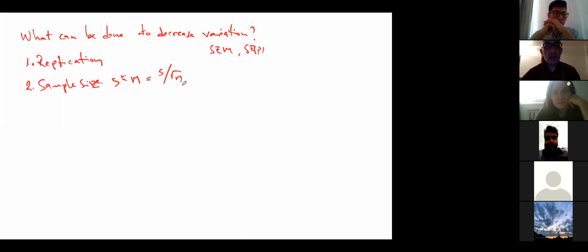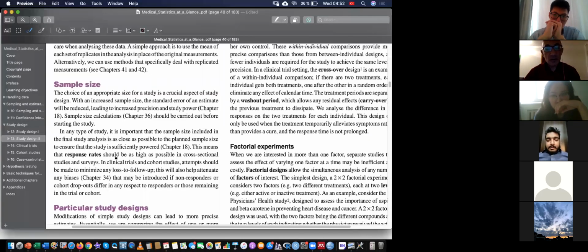So if I increase the n, the sample size, my standard error of the mean will naturally decrease. Therefore, the sample size calculation is a separate issue, and how we calculate the sample size is not under our objectives for this class. But you should know that sample size is very important, crucial. You should have enough sample size to represent your population. Okay.